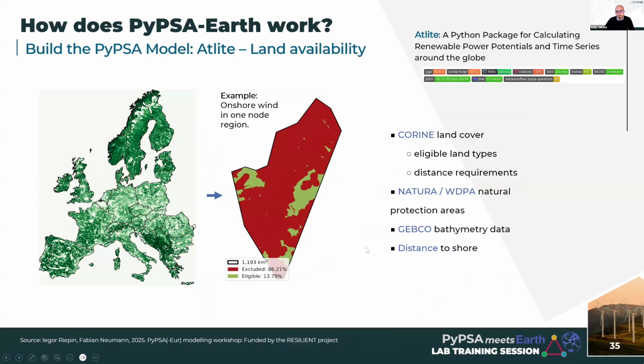All of these, collected according to the config file, will be used by the model to apply exclusion criteria, calculate the area, and then the potential of eligible areas.